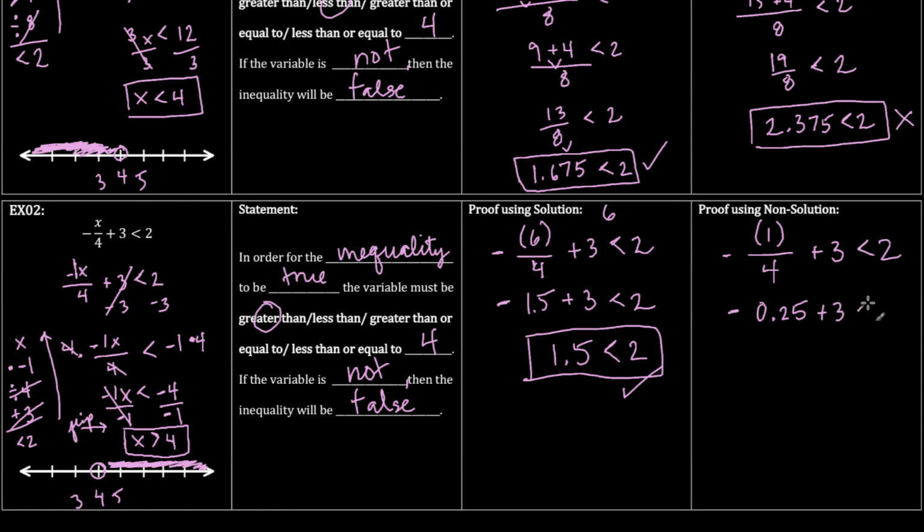Plus 3 should not be less than 2. So 3 minus 0.25 is 2.75, which is supposed to be less than 2, or not supposed to be, but you know what I'm saying. This doesn't work because it is not less than 2. This is not true.